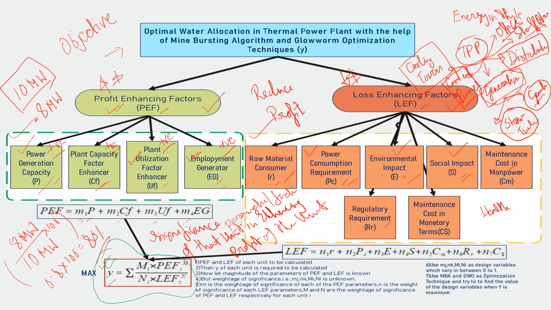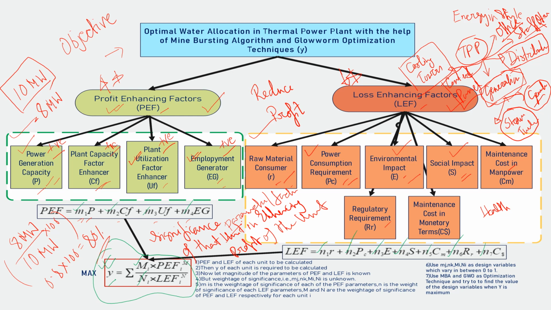Y is equal to the summation of numerator PEF, denominator LEF for each of the units. So this is the objective equation, and I am trying to optimize it by changing this small m and small n, and also by changing M1, M2, M3, M4, N1, N2, N3, N4, N5, N6, N7.